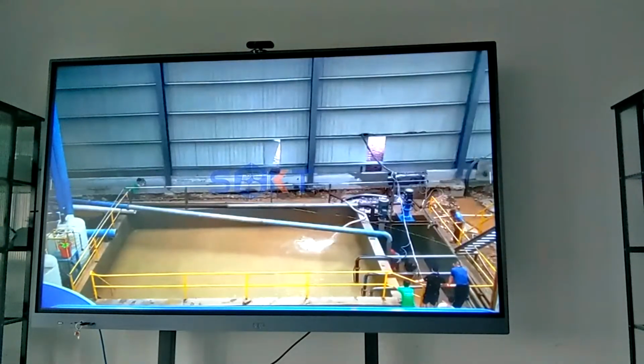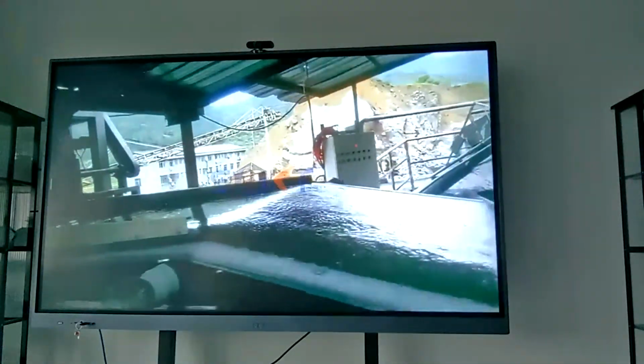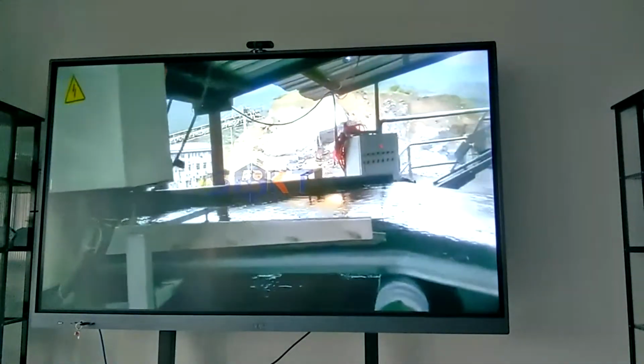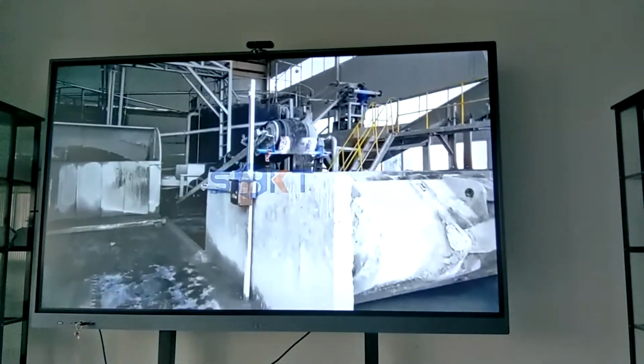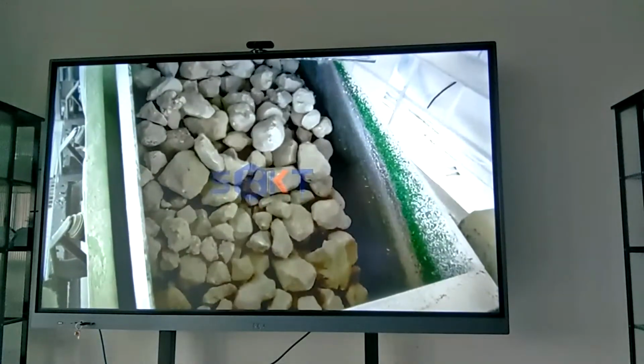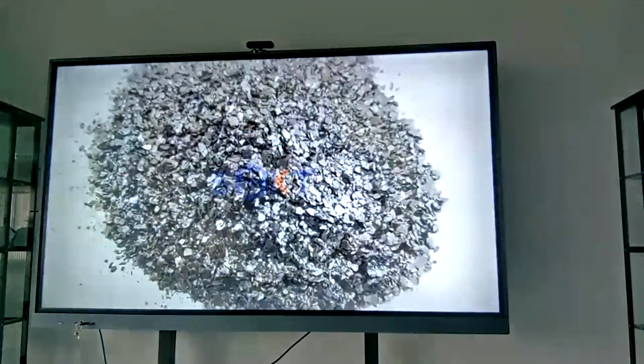Large-scale flotation characteristics. It is a large, low-grade deposit, often embedded in copper materials.